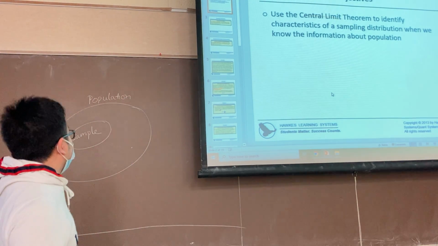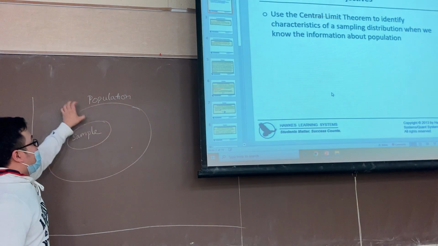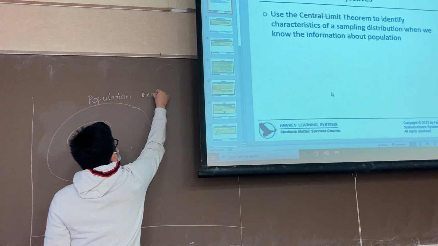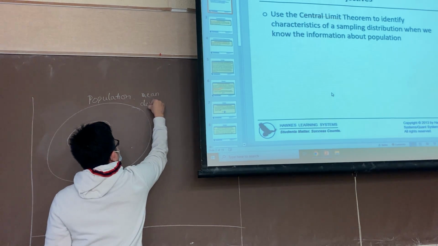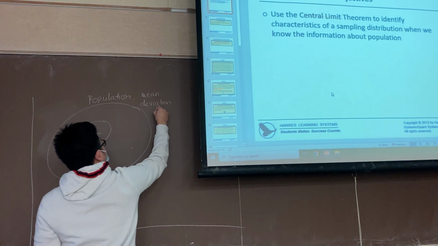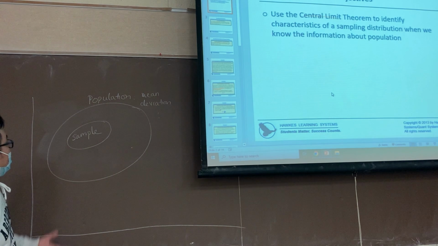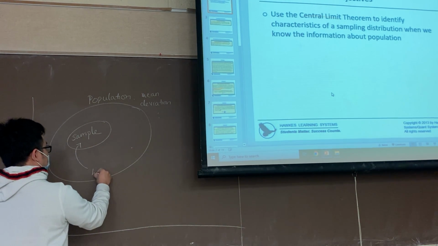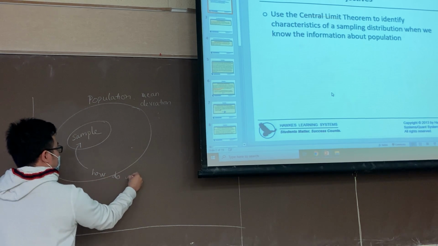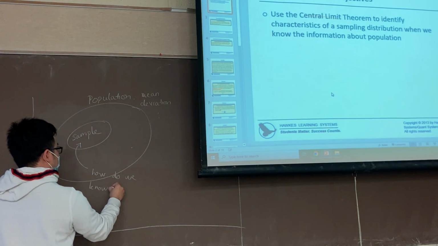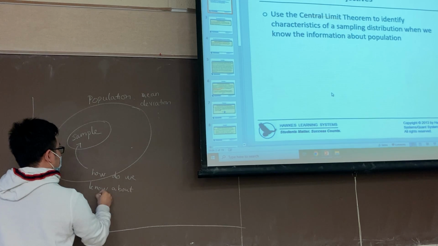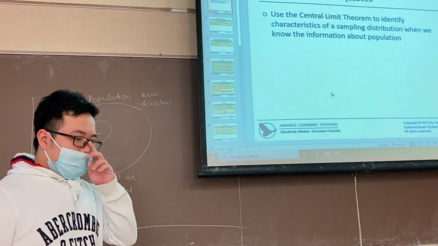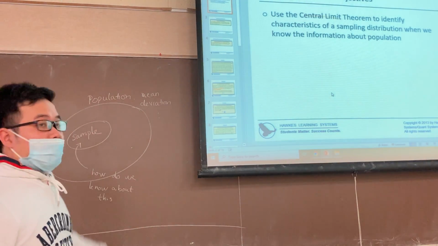Now, if we know information about the population, for example the mean and the deviation, the question is: what is the relationship between the sample means and the mean of the population?